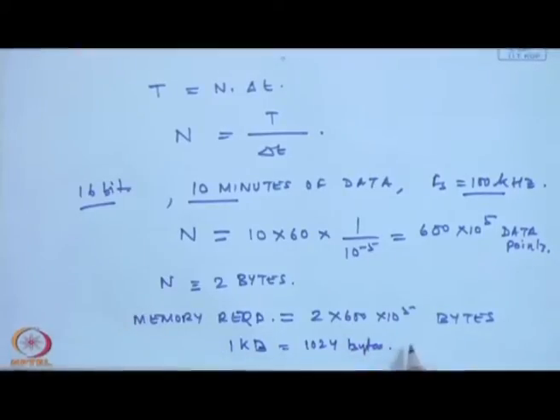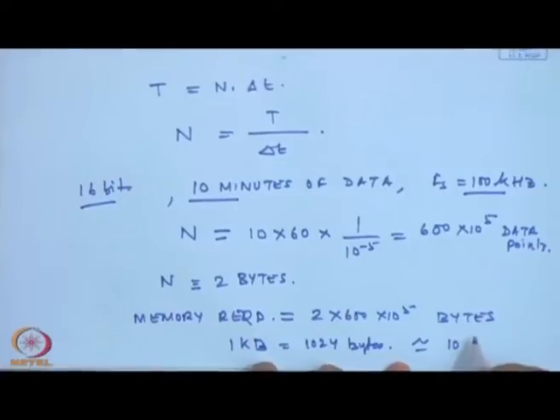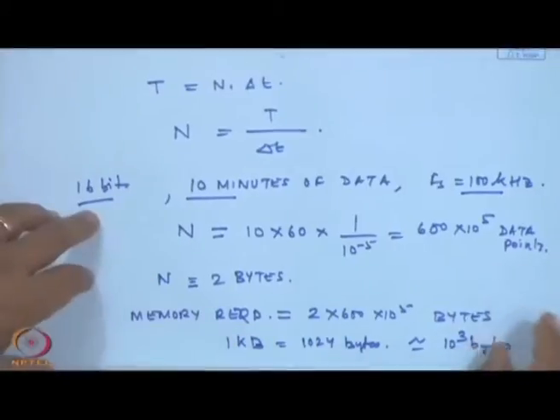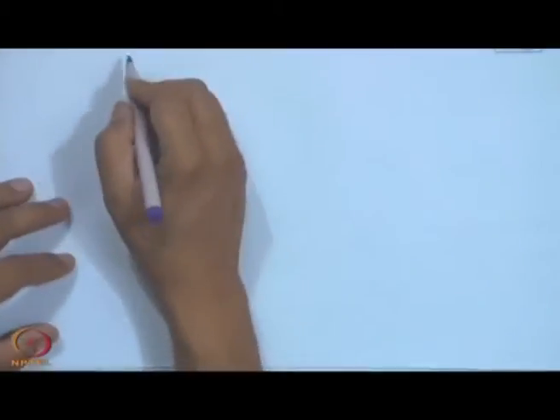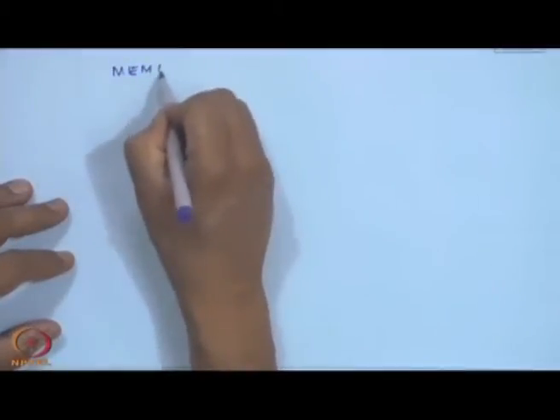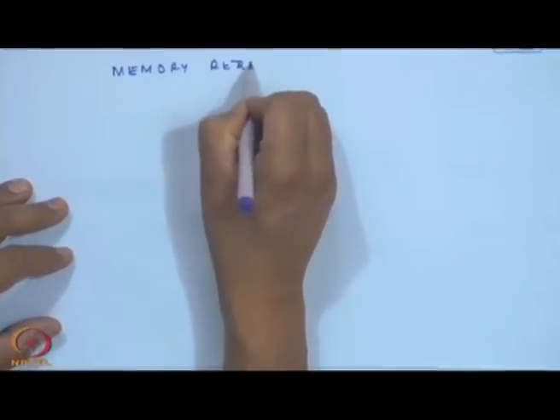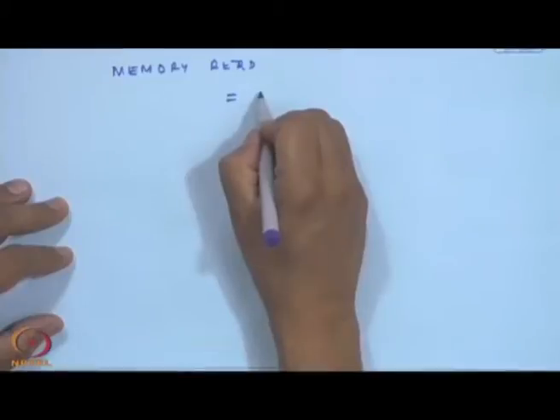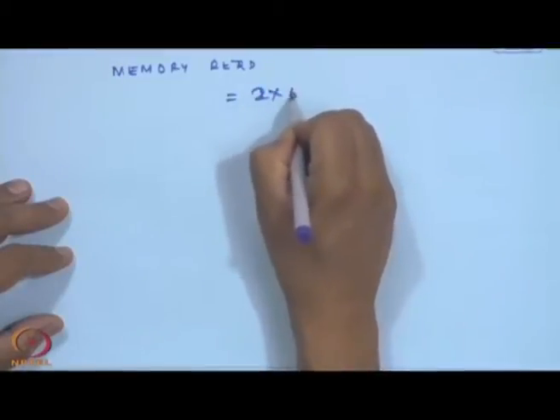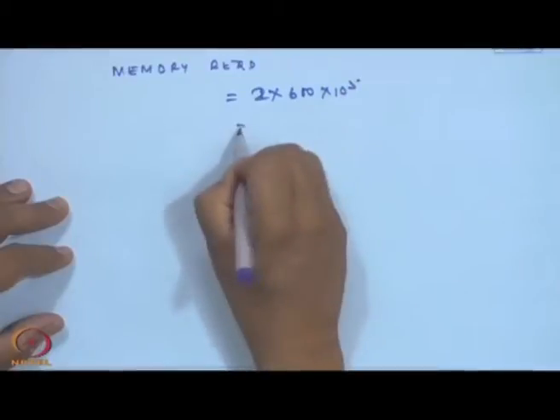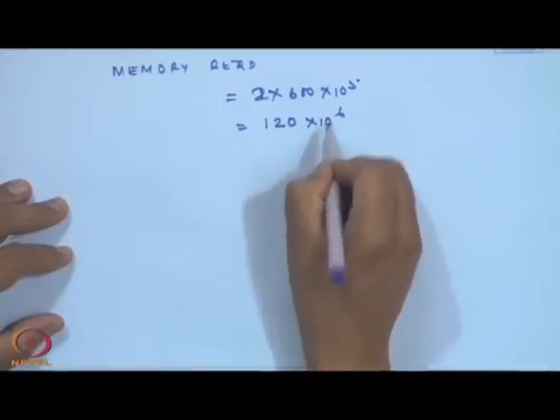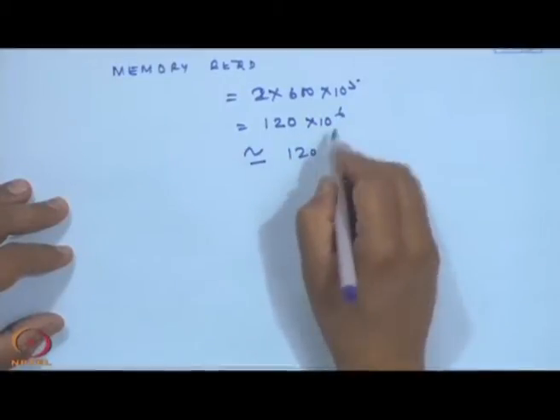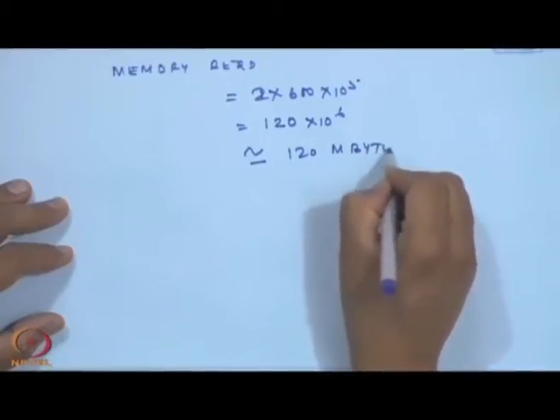If I approximate it for the sake of discussion as 10 to the power 3 bytes, the memory required would be 2 into 600 into 10 to the power 5, that is about 120 into 10 to the power 6, approximately 120 megabytes.